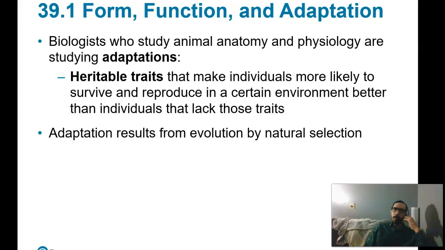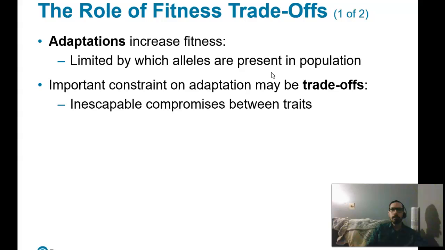So these are what make individuals more likely to survive and reproduce in an environment better than animals that lack those traits. And these adaptations are the results of evolution by natural selection. Adaptations increase fitness, but they're limited by which alleles are present in a population.